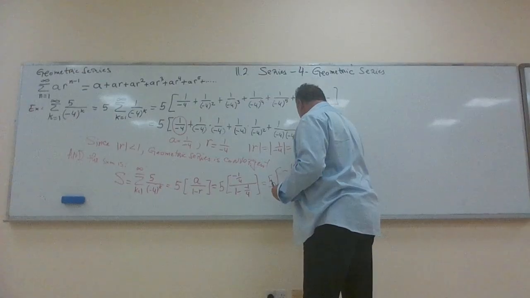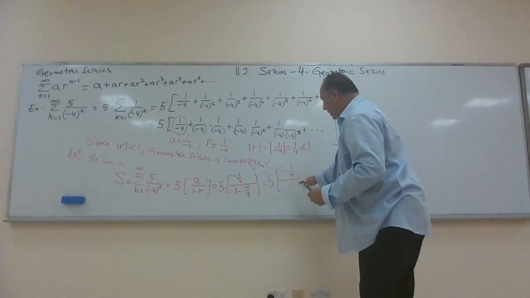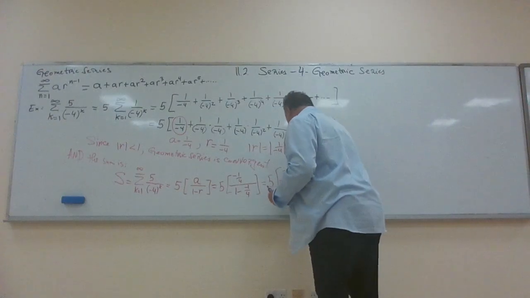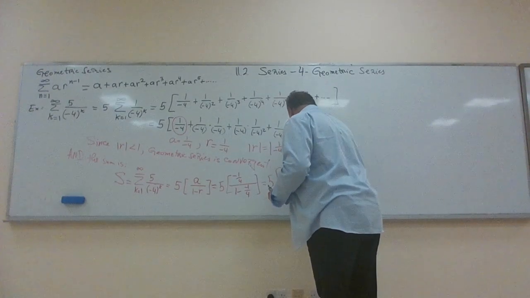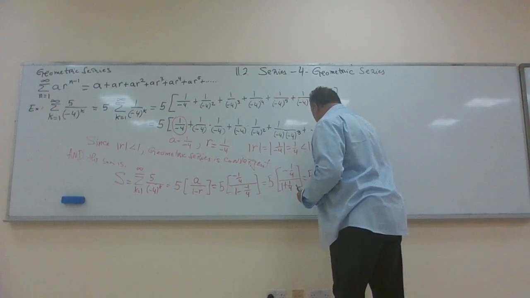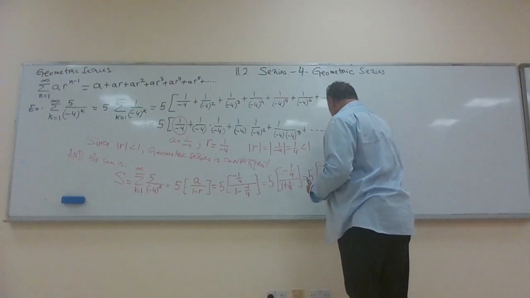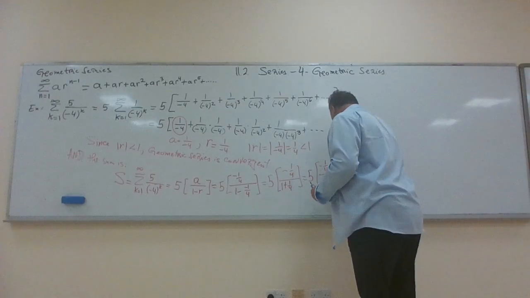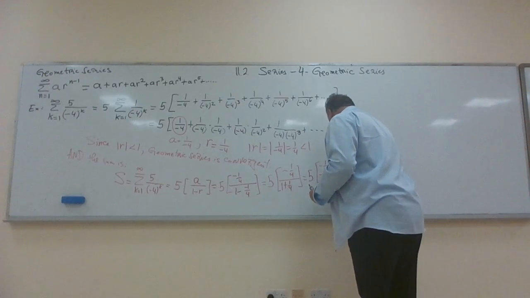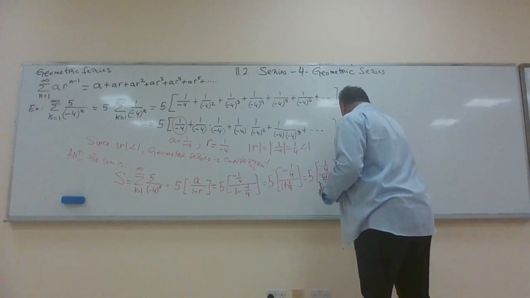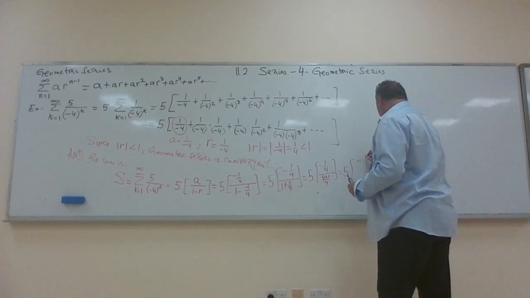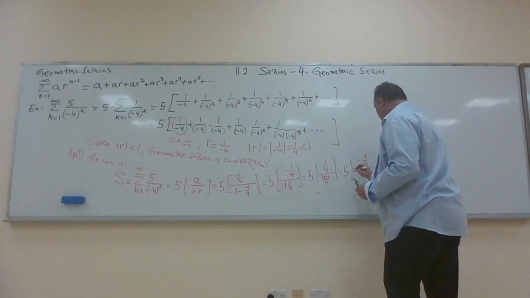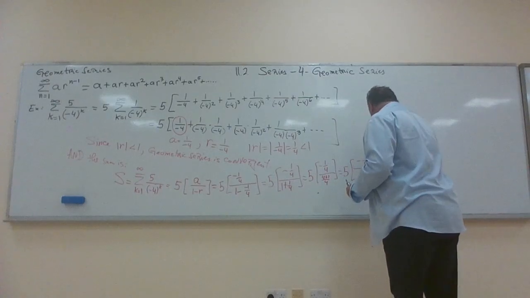So I have negative 1 over 4. Write these fractions properly. So I have 1 plus 1 over 4. We don't want to make any errors here. So this is 4 plus 1 divided by 4. So this is 5 over 4.